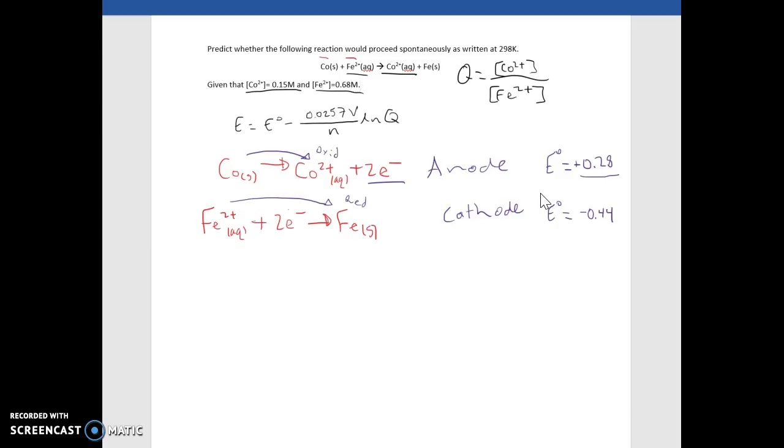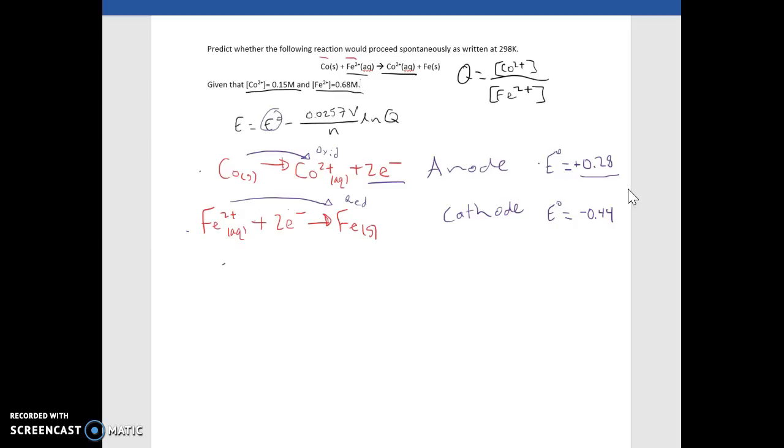And for our iron, when it's getting reduced, it is negative 0.44 for its standard reduction potential. And that's given to us in a chart in the book. Since we have the potential for both half reactions, we can use that to find our standard EMF.